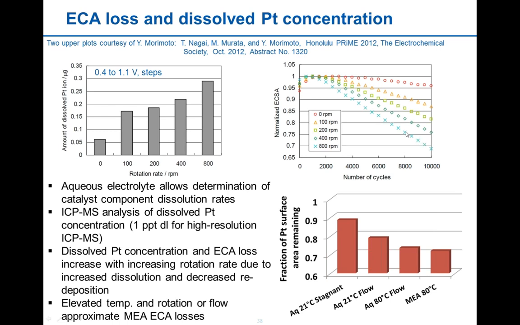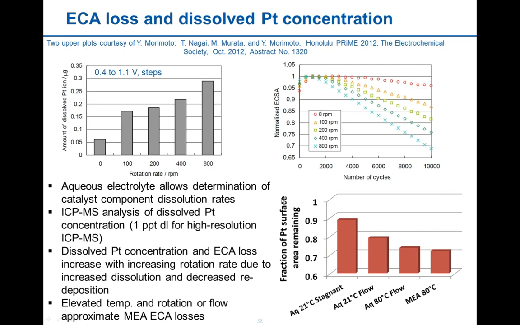And due to this transport of platinum away from the electrode surface, in the upper right plot, what they saw was an increase in the loss of electrochemically active surface area with increasing rotation rate. So this points out the need for keeping the rotation rate the same as you're doing your durability measurements.